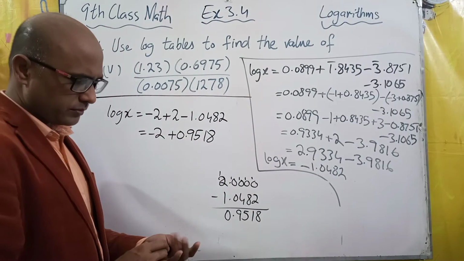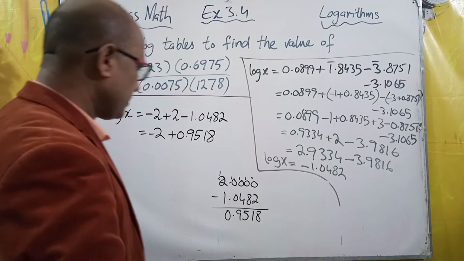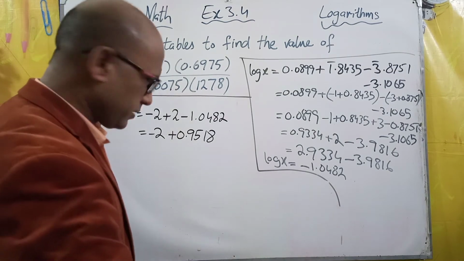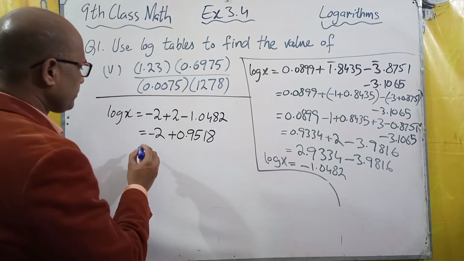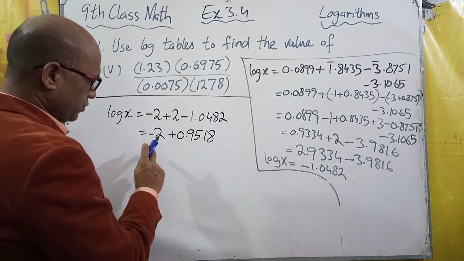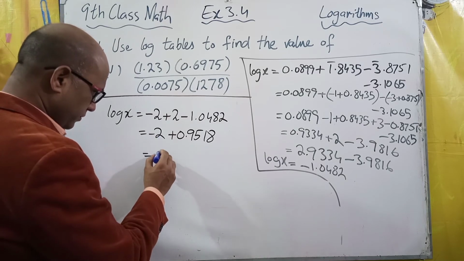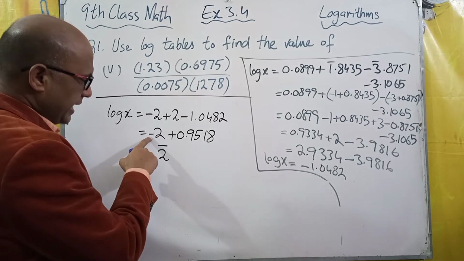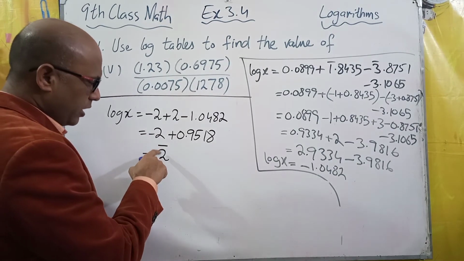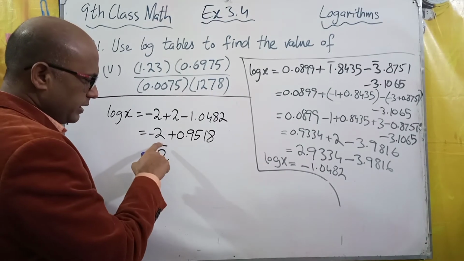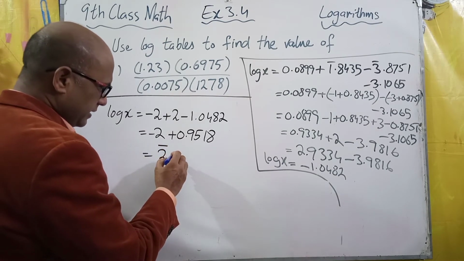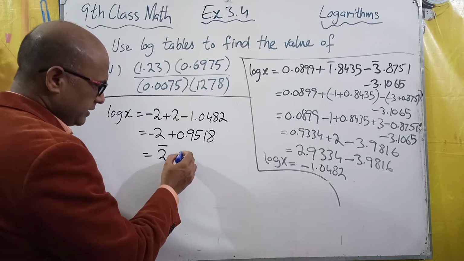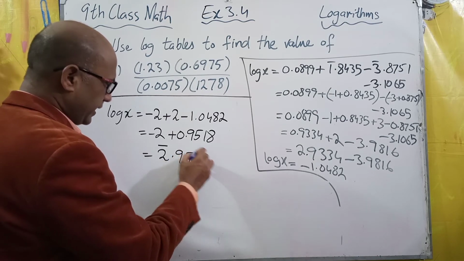Now we can find its anti-log, but first of all we have to write this minus 2 in this form. This minus sign will be written upon this number 2 as a bar, and we'll write it in this way, 2.9518.